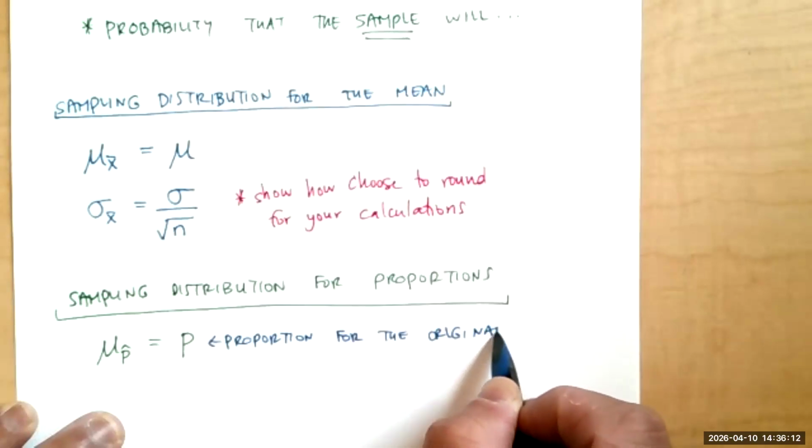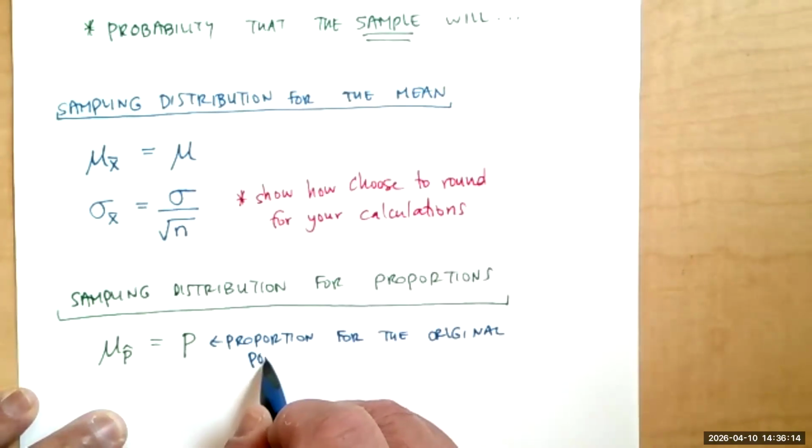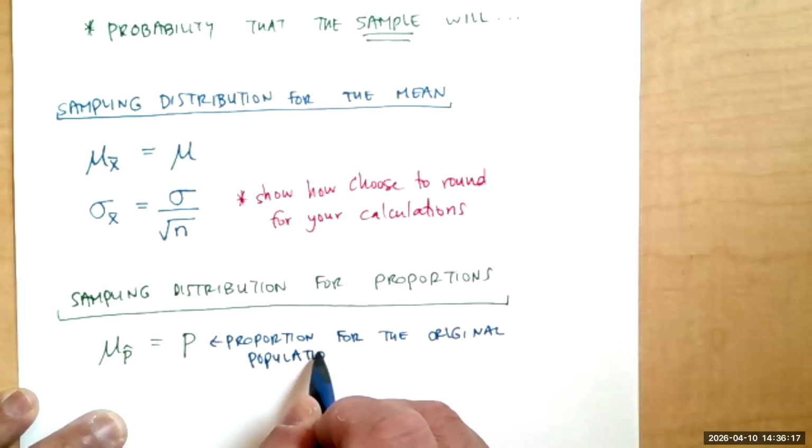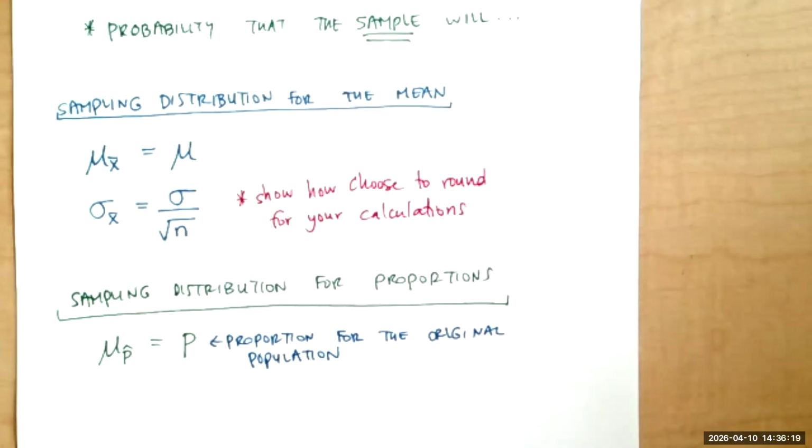This proportion, this percentage of our population that has a particular characteristic.